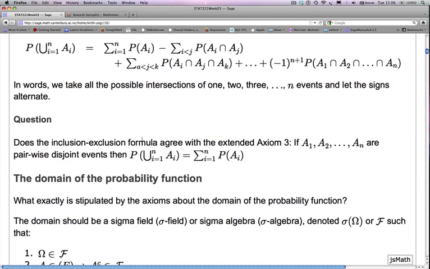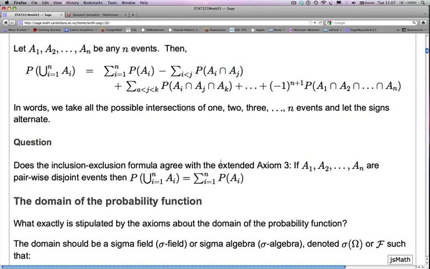Here's a question. Does the inclusion-exclusion formula agree with the extended axiom 3? That is, if A1, A2 up through AN are pairwise disjoint events, then the probability of the union of AI as I goes from 1 through n is equal to the sum as I goes from 1 through n of probability of AI. Well, this is a good time to pause the video and take a quick look at what the question is asking.